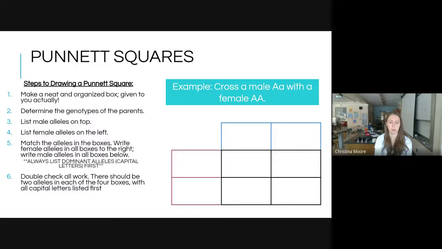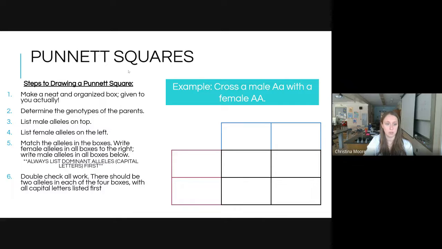Third, list the male alleles on top. So in these blue boxes, I would list the male alleles separately. Step 4, list the female alleles on the left. So in these pink boxes, I'm going to list the female alleles separately. Fifth, I will match the alleles in the boxes. I'll write all the female alleles in all the boxes to the right, and then write all the male alleles in the boxes below.